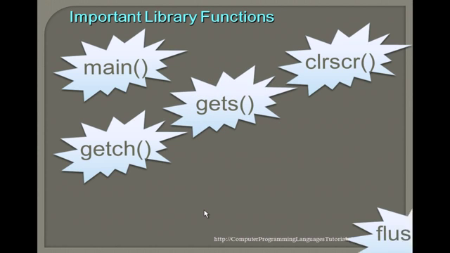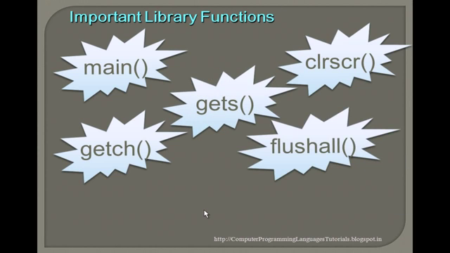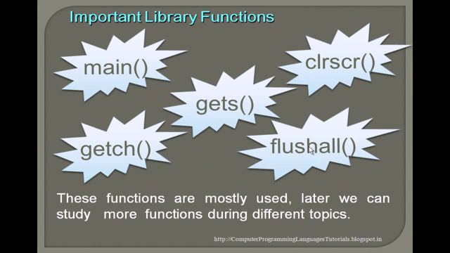C has a number of library functions, but now we will only see some important functions. We will discuss gets and fflush later, or when we need these functions, we will discuss them. All these functions are stored within the library.